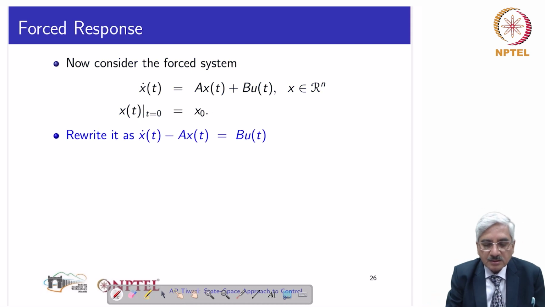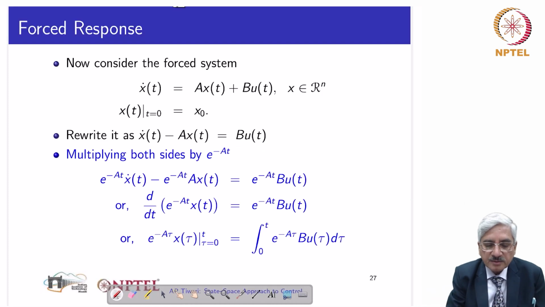So in this, what we do is we rewrite this. We take Ax(t) on the left side and we rewrite it like this. And we multiply all its various terms by e power minus At. So we have e power minus At x dot minus e power minus At Ax(t) equal to e power minus At Bu(t).